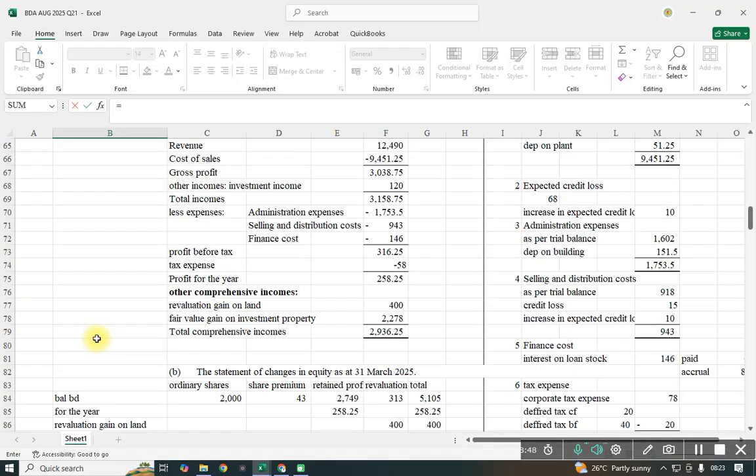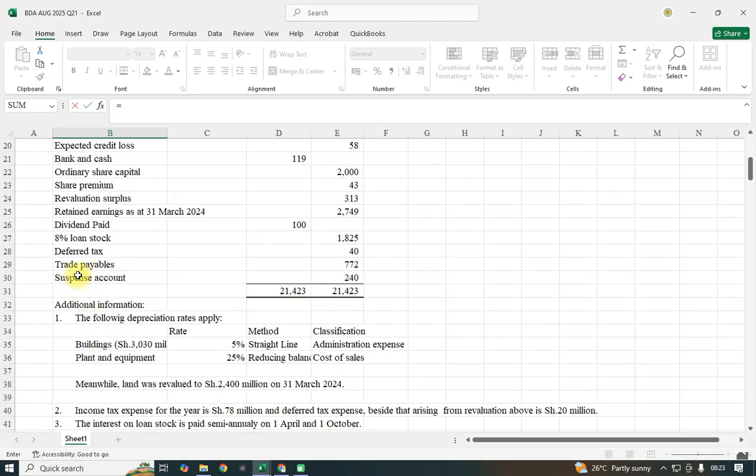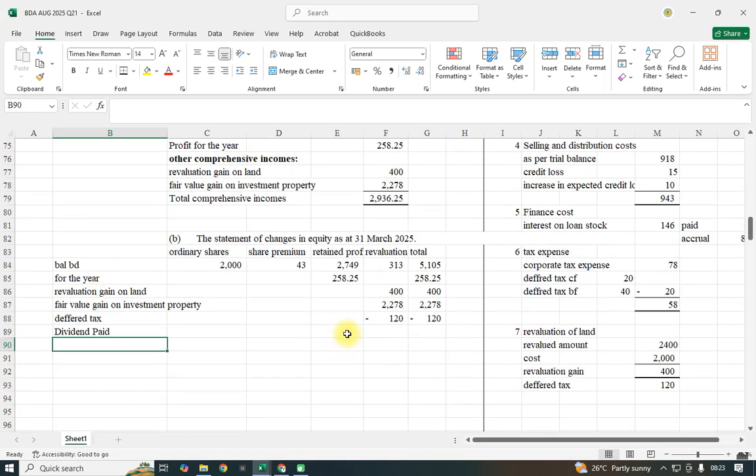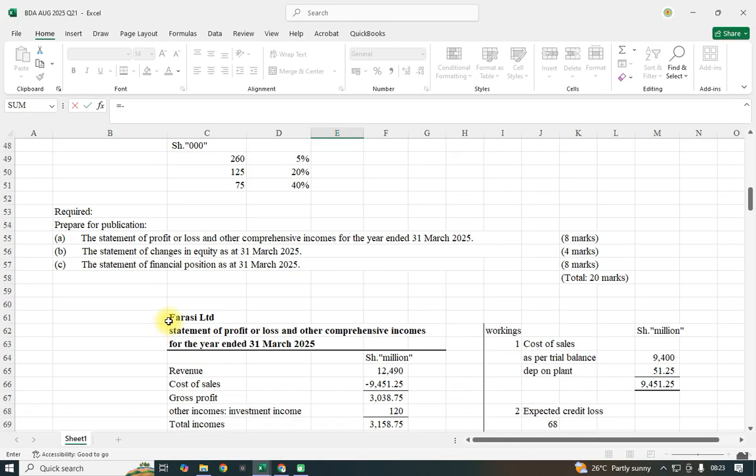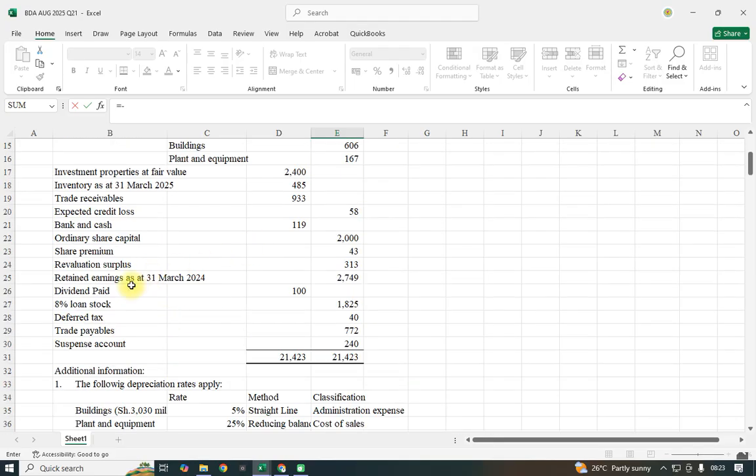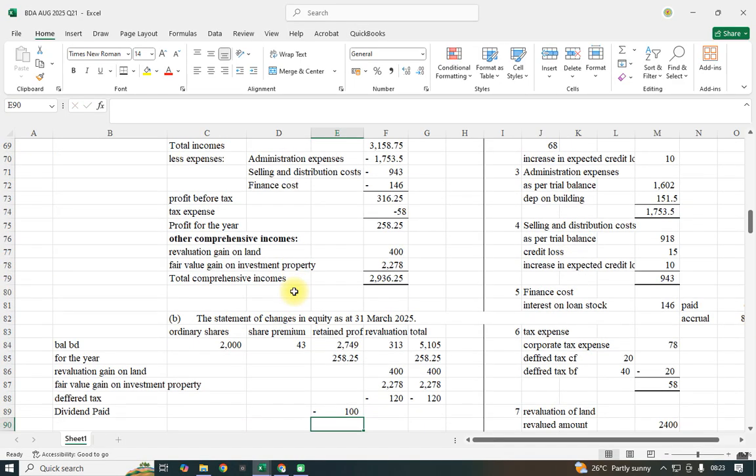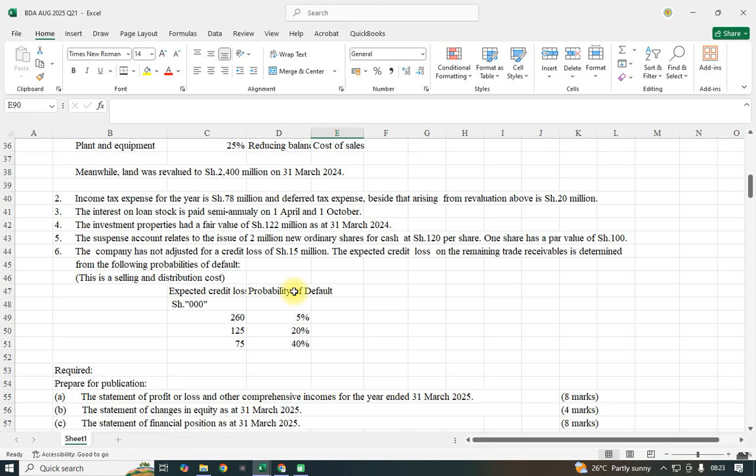We had the dividend that was paid. Dividend is normally paid out of the retained earnings. The dividend of 100. And what else did we have? The suspense account relates to the issue of 2 million new ordinary shares for cash at 120 per share.